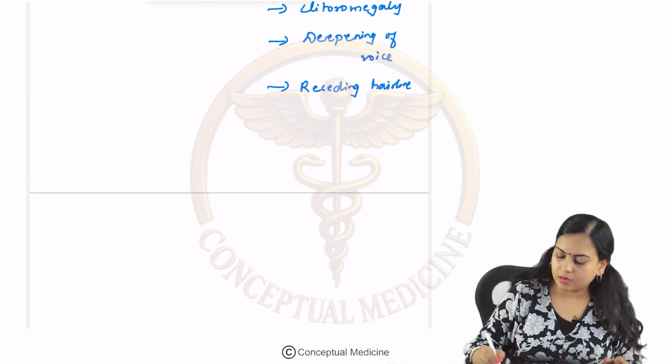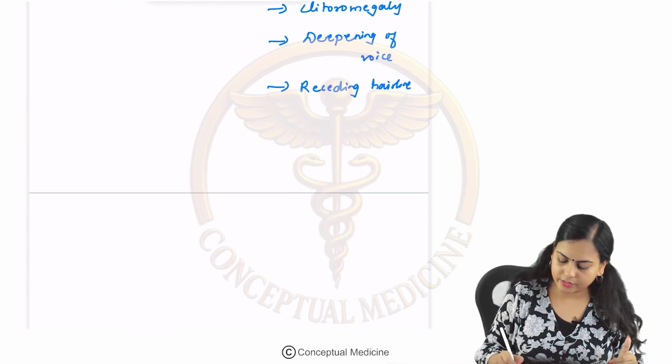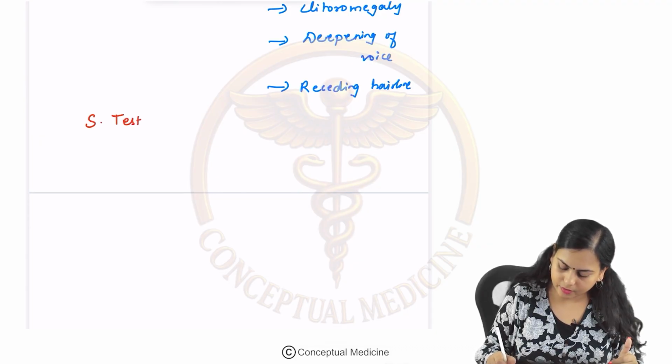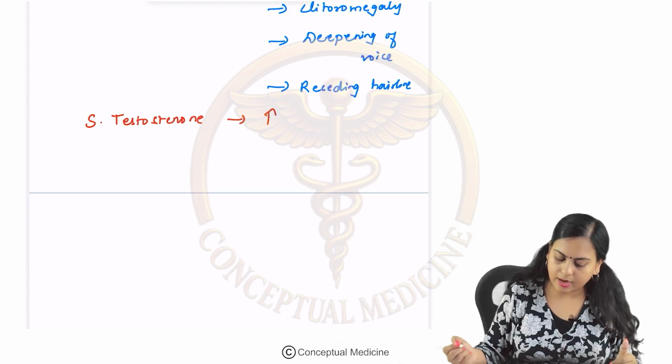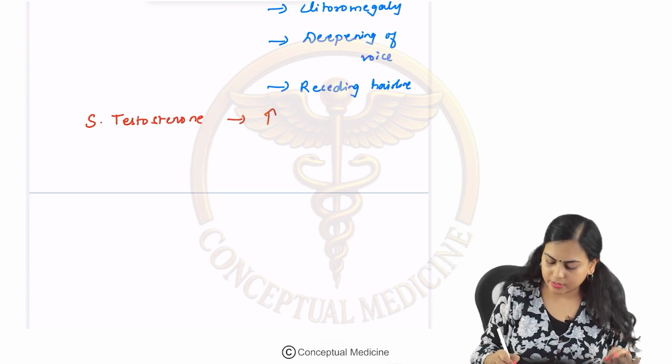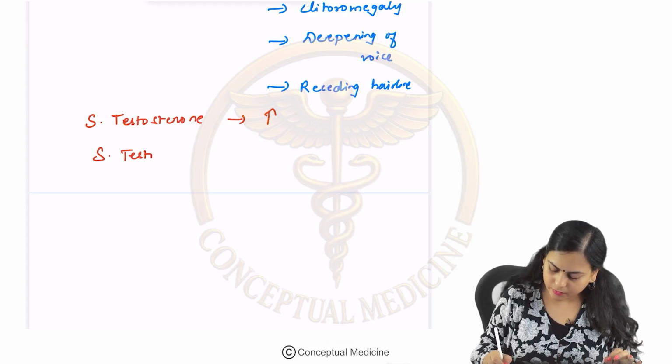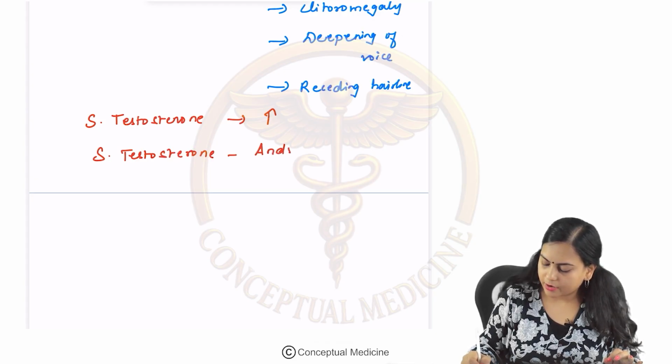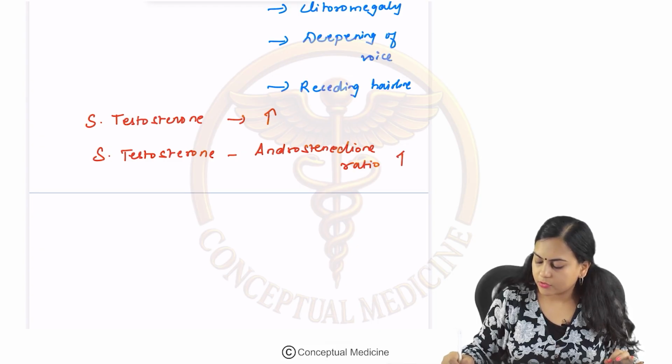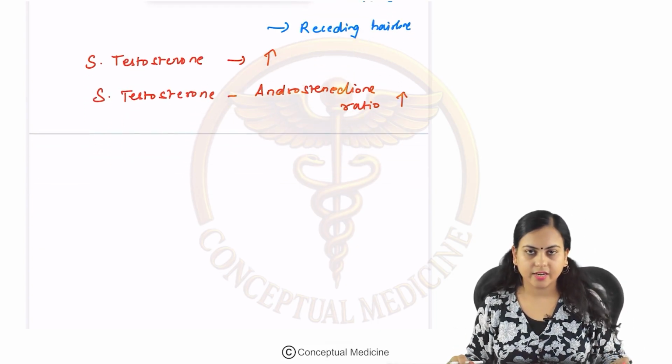okay. So, what will you measure here? Testosterone. So, serum testosterone becomes high, okay, as well as serum testosterone androstenedione ratio will also be elevated. Clear?